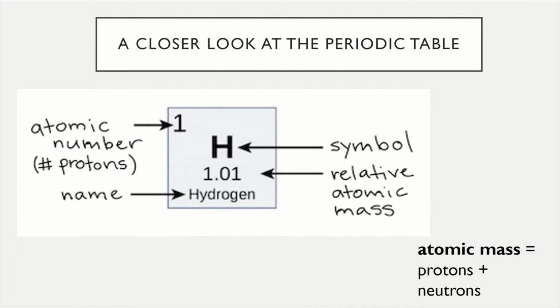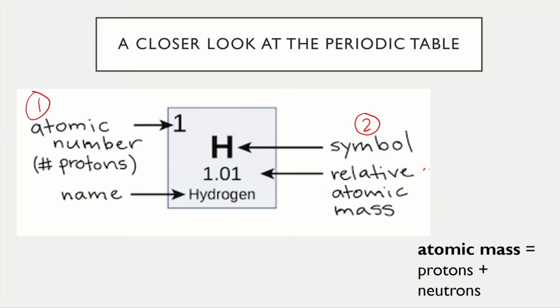If we look a little closer at each element, we see that there are 4 different parts listed on the periodic table. So first of all, we have our atomic number, which is just going to tell us the number of protons in an atom of that element. We also have a symbol to represent that element. Many of the elements are represented by 1 letter, but some of the elements are represented by 2-letter symbols.